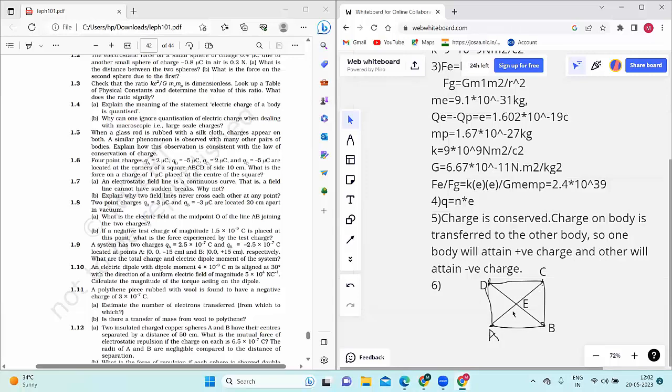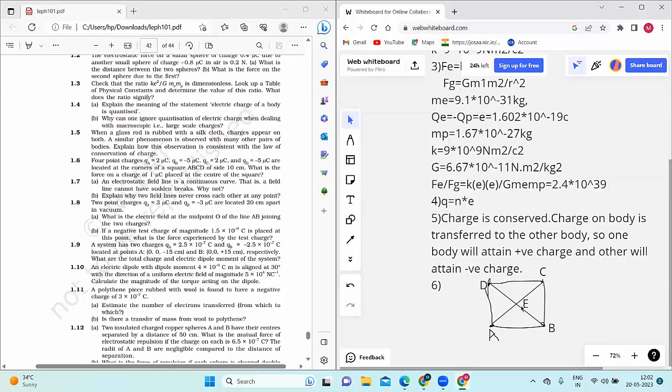So the net electric force acting on point E will be repulsive due to both charges. The force on E due to A will be in the direction of EC, and the force due to C will be in the direction of EA. So both the forces will cancel each other.